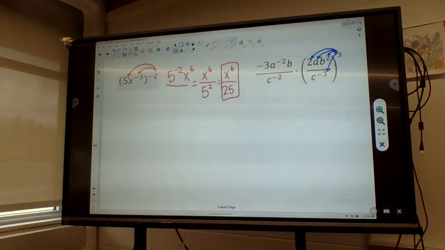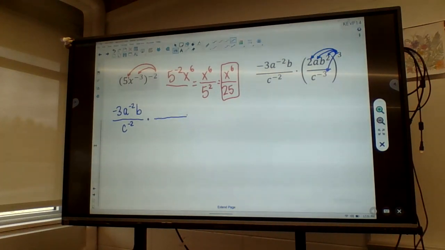So I'm going to rewrite it down here just because I won't have enough space otherwise. So the first fraction, I'm not going to change it yet. Our second fraction, power to a power, I have to multiply. So that's where the 6th power comes from. And then the bottom, I'm going to have a negative 9. 3 times 3.